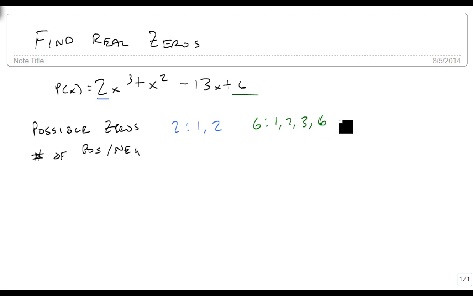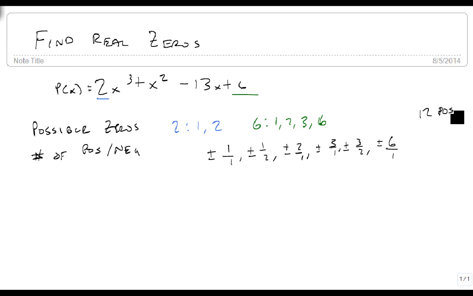And so our possible zeros are plus or minus 1 over 1, plus or minus 1 over 2, plus or minus 2 over 1. 2 over 2 we already have, so I'm going to skip that one. 3 over 1, plus or minus 3 over 2, and plus or minus 6 over 1. So these are all of my possible zeros, and I'm actually going to write this out just a little bit differently in just a moment, but right now we've got 1, 2, 3, 4, 5, 6, so there's 12 possible zeros. Remember, the plus or minus doubles that.